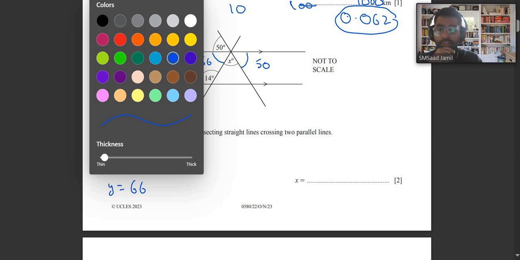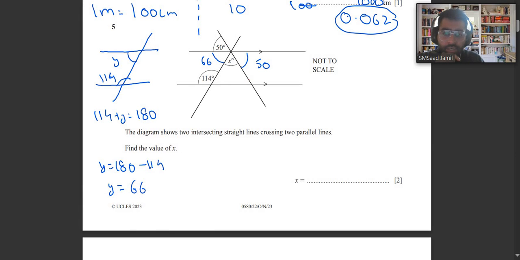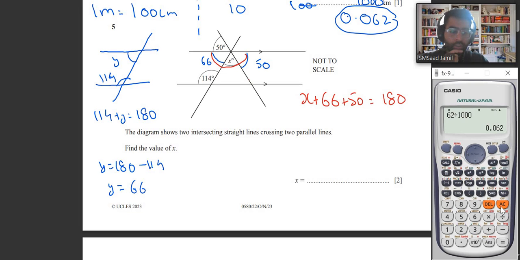Now this side is 66. I'll use a different color to explain you guys. Now guys, this whole thing is 180 degrees, which means x plus 66 plus 50 is equals to 180. First what you guys will do, you will add 66 plus 50, you will get 116.